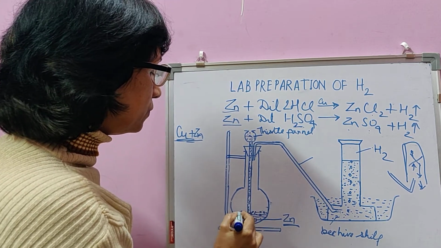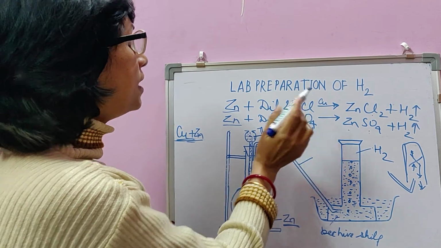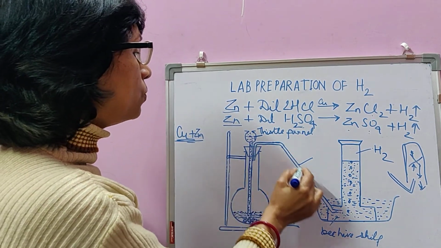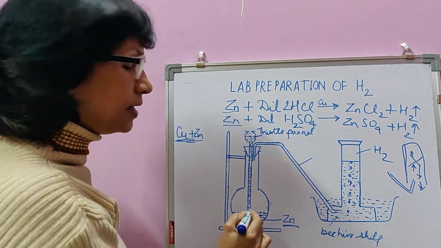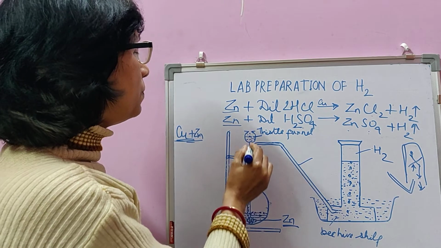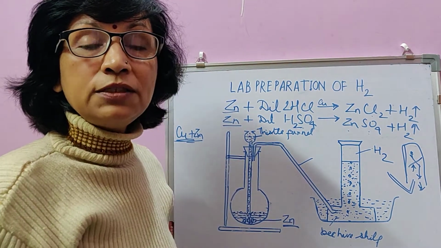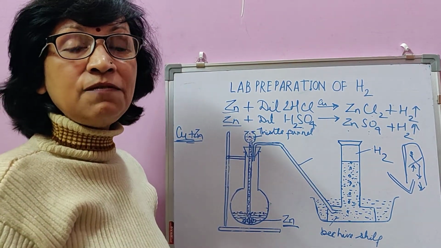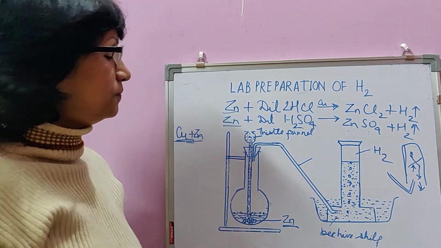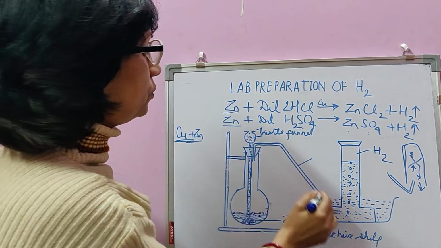When gas is formed by the reaction of metal and acid, the gas has only one opening through which it can go out, as the other one is under the liquid. So the gas will be above the liquid and will not be able to move out through the thistle funnel itself, otherwise it would be a loss of the gas for which the reaction is being done. So it will go only through the delivery tube.